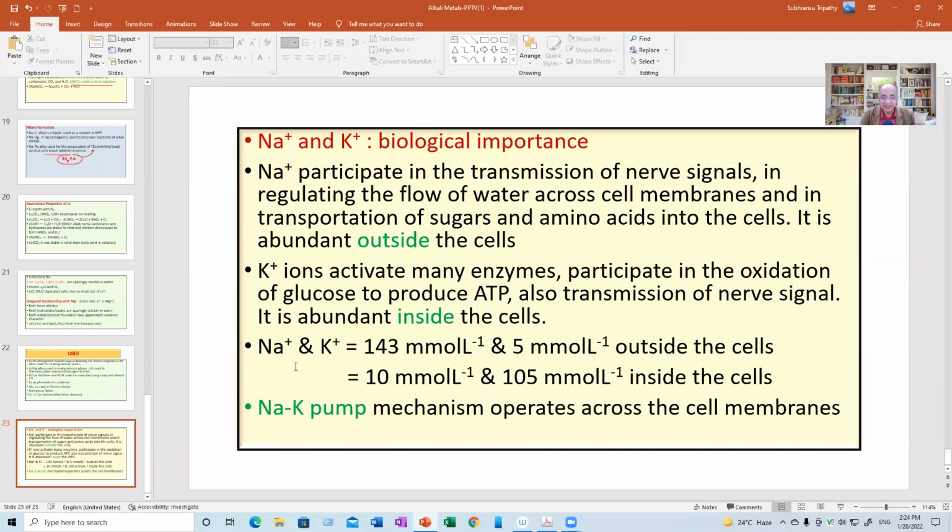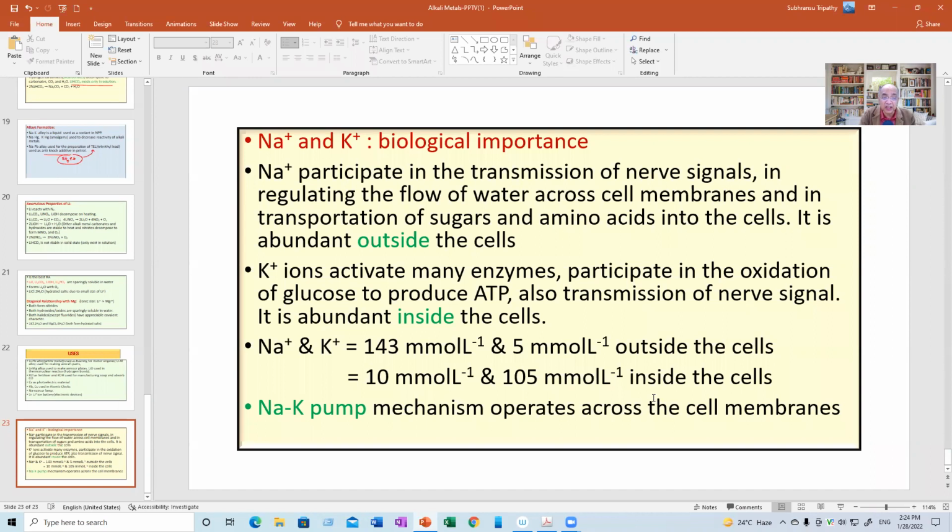And this is for a healthy human being. The outside cell will have 143 millimoles per liter of sodium and much smaller quantity of potassium. But inside cell, just the opposite. The potassium is more, sodium is less.